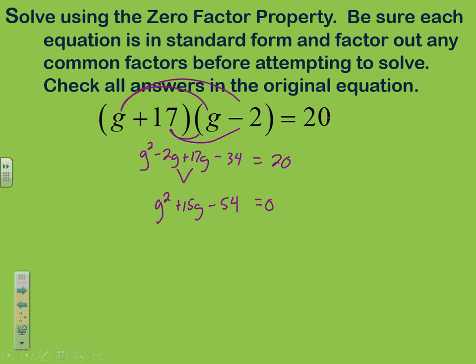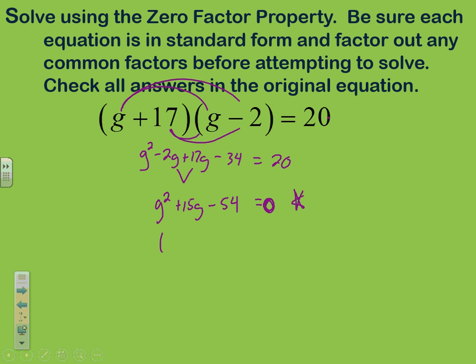Now it's in standard form. Now we're okay to factor it, and whatever those factors are, that's what we set equal to 0. If we don't get it to this point first, we're not going to get the right answer. It has to be in standard form where the equation is equal to 0.